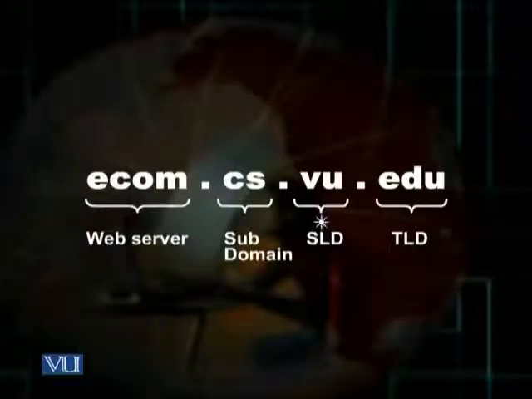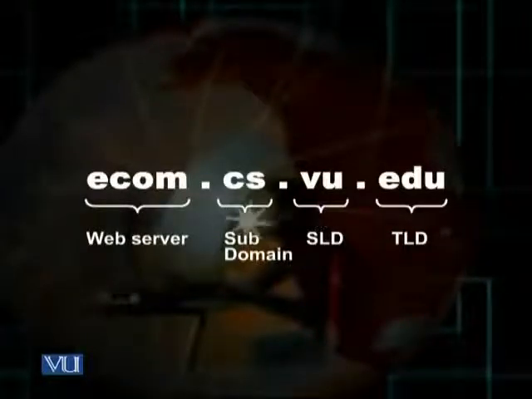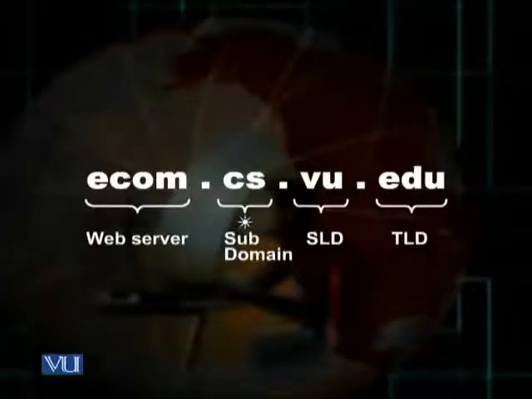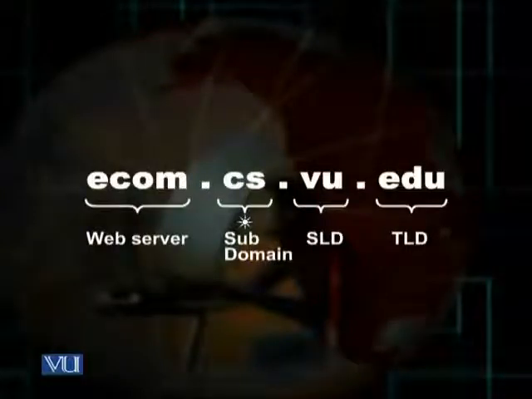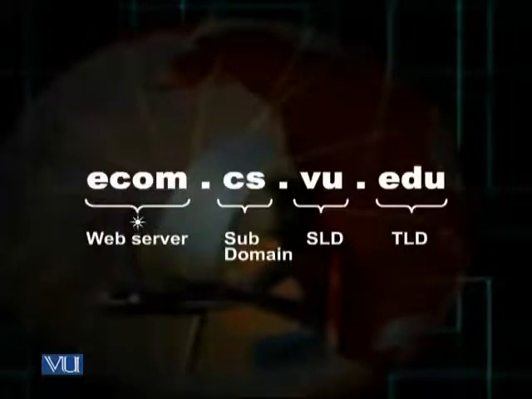So your second level domains are normally the names of the organizations, the institutions, the companies whose domain name it is going to be. Then after the second level domain, you can see the subdomains. In this particular example, CS is the subdomain. Subdomains are basically the geographical or functional or departmental units of the organization, of the company, of the business, etc. After the subdomain, you see the word ecom.